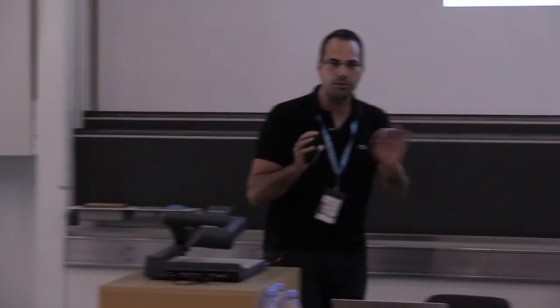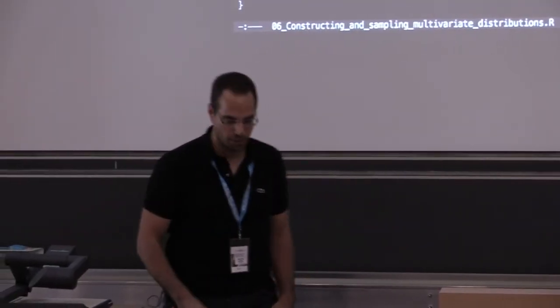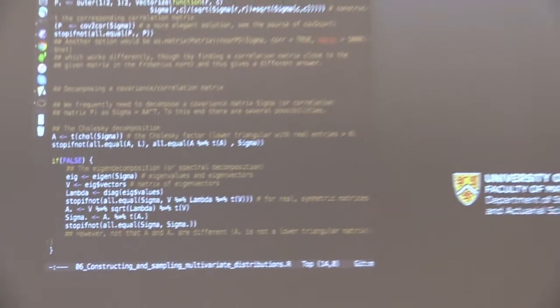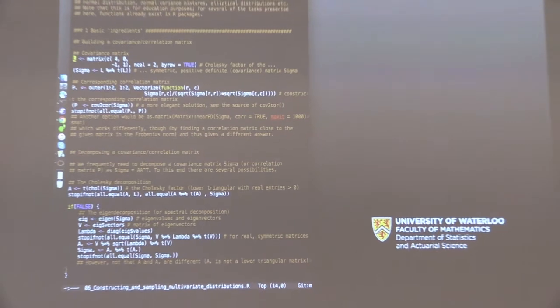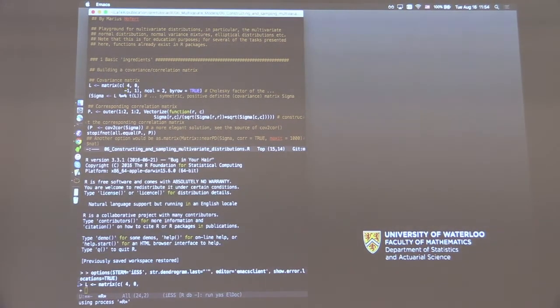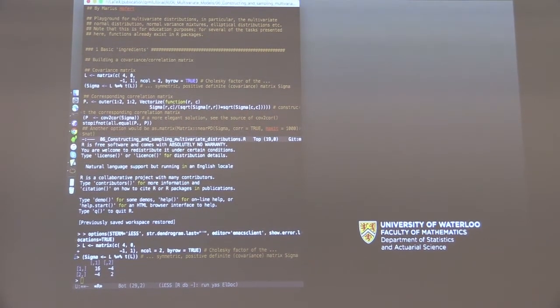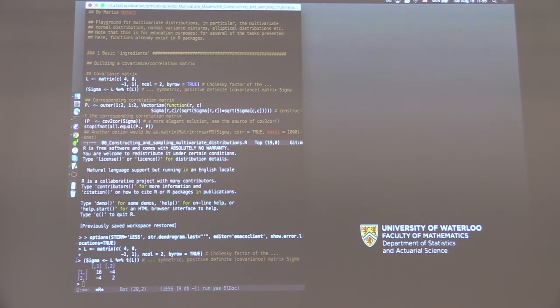But I go very quickly through building these multivariate distributions in R. Good, so there's the script. It's called Constructing and Sampling Multivariate Distributions. There's a little bit of playground concerning building correlation matrices.